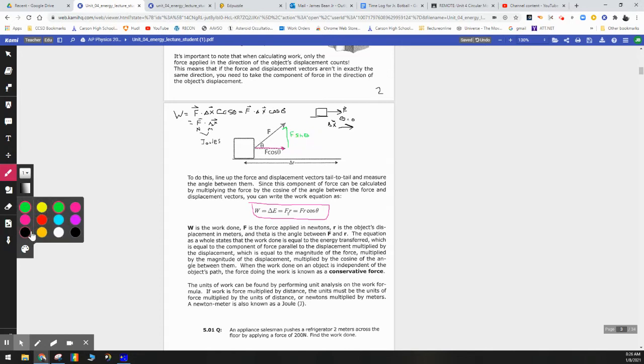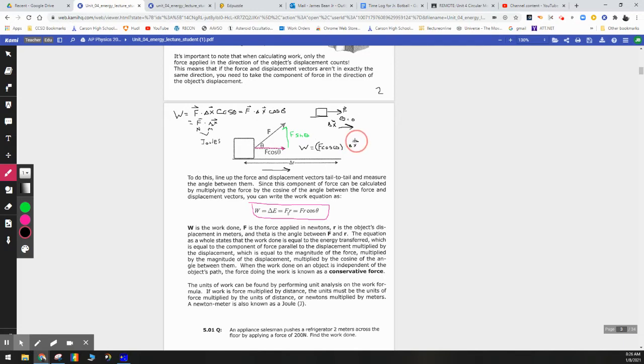Since the displacement is in this direction, they have delta r, but we'll be flexible. Here we need the parallel component of the force. So work is now going to be F, and the parallel component is F cosine of theta, in parentheses, times delta x.